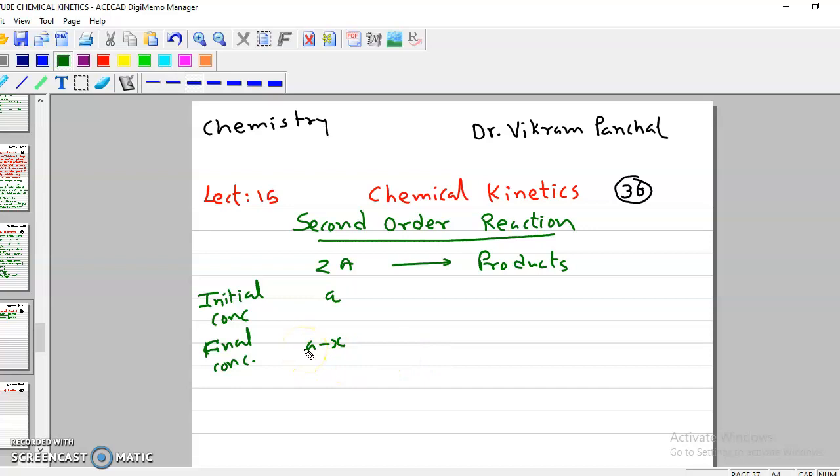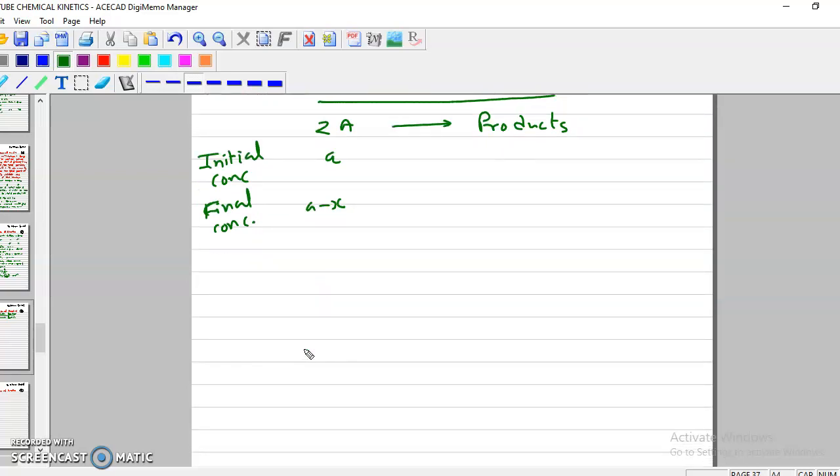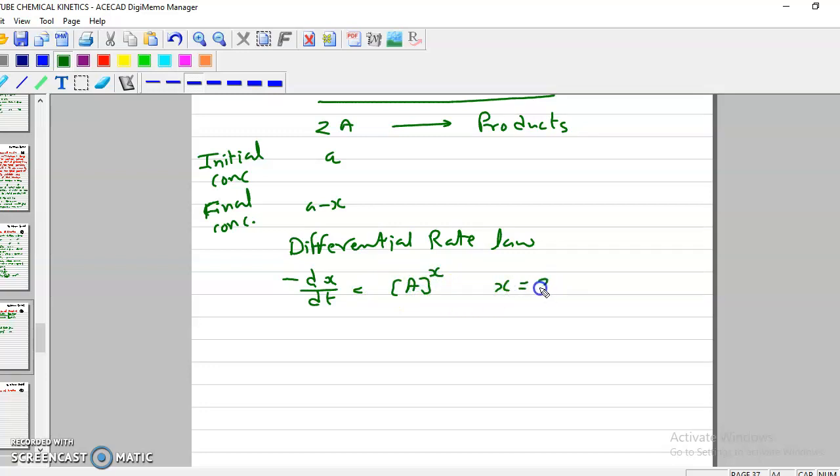So we write the differential rate law for second order reaction. Minus dx by dt is equal to k times concentration raised to n, where n is equal to 2.